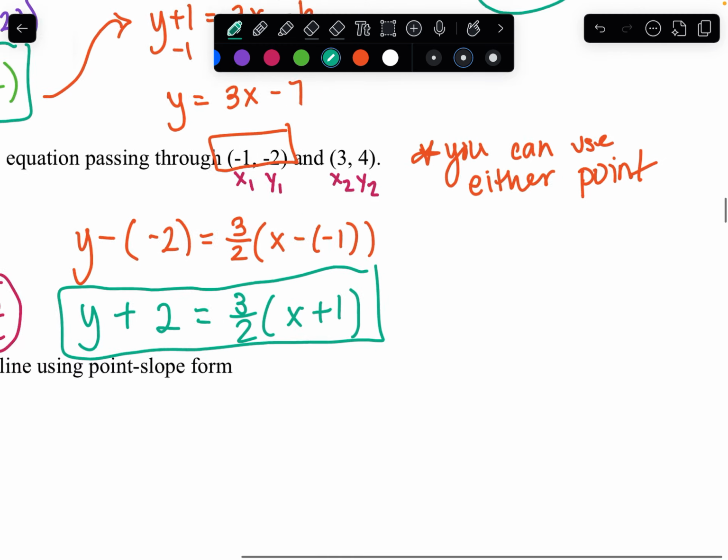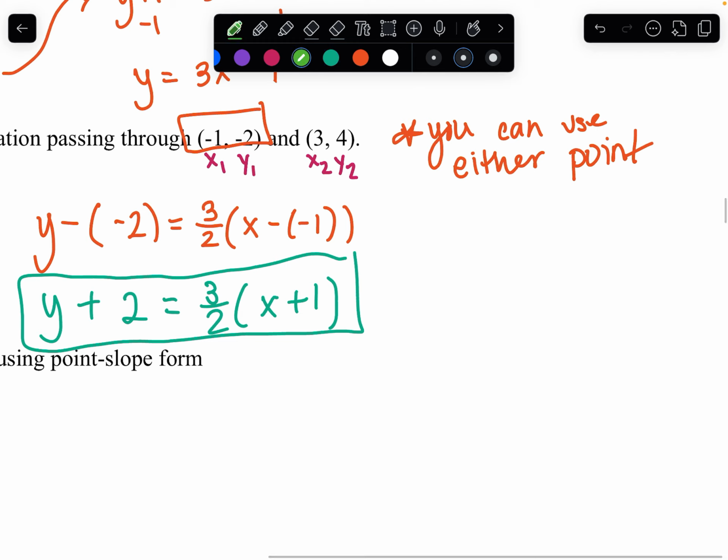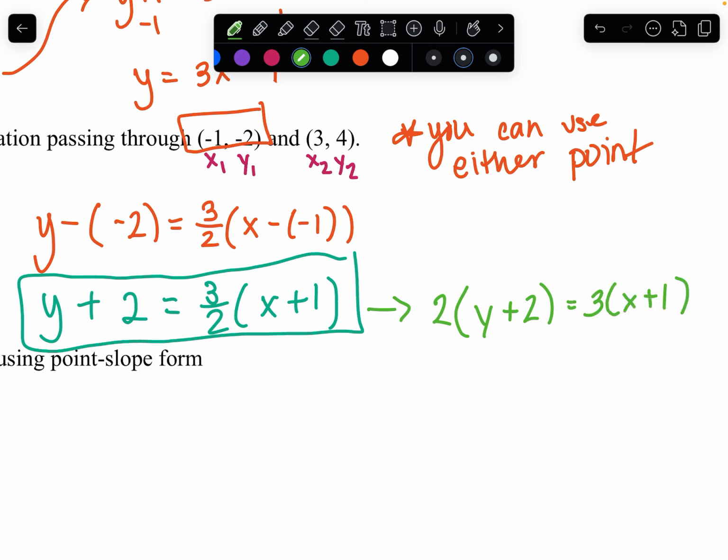Now, if we needed to get it into slope intercept form, we would have to clear that fraction, and so we would multiply everything by 2. So we would get 2 times y plus 2 equals 3 times x plus 1. Distributing in would give us 2y plus 4 equals 3x plus 3.